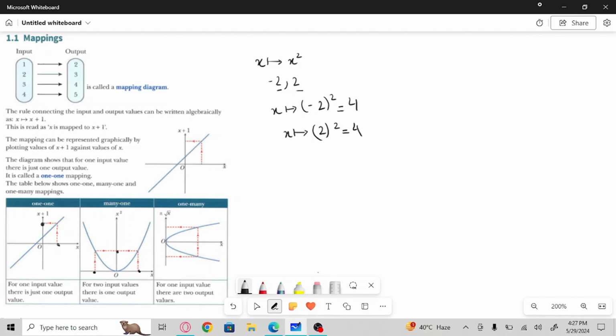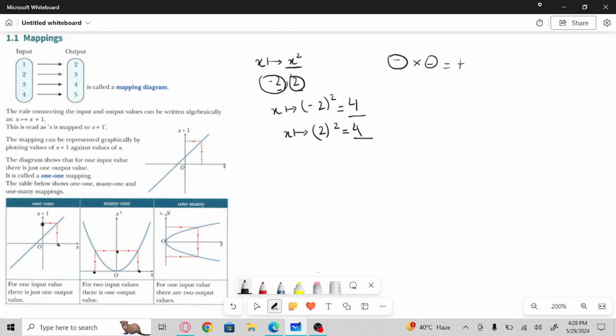The reason for me choosing -2 and 2 specifically was that we already knew this is a squared function. If we multiply negative by negative, we get positive. So I was sure that whatever negative value I would give in it, it would give me a positive value. That's why I chose -2 and +2, because I knew the same answers would come.